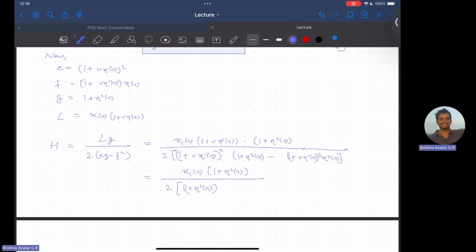So this is 1 plus V eta prime of S. Then we have 1 plus eta square of S minus eta square of S. And finally we have just kappa 1 of S times (1 plus eta squared of S) divided by 2 times (1 plus V eta prime of S). Done.